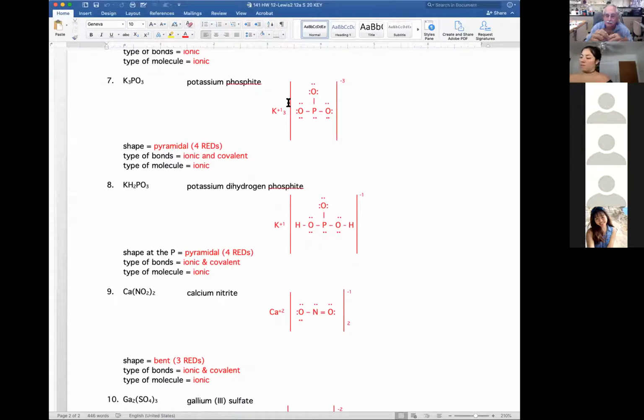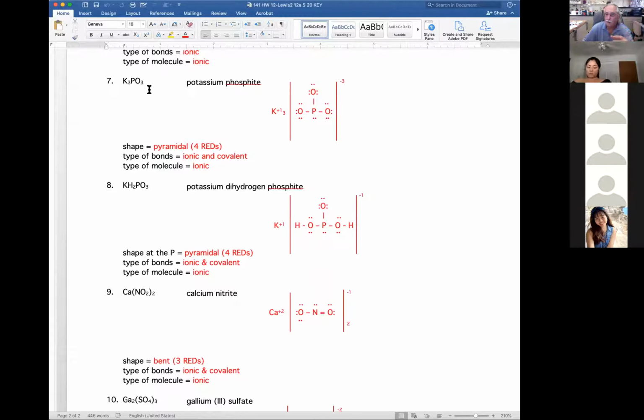So here's one of the problems I find with other textbooks, and you just start searching online. They don't go through all these specific examples. So if you look at the formula, I can tell that this is an ionic compound because there's a metal and a bunch of nonmetals.